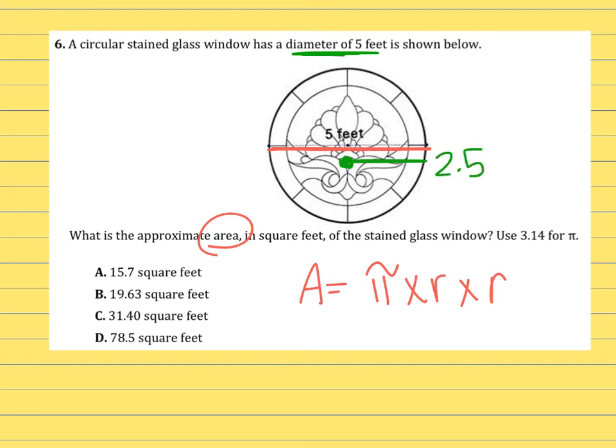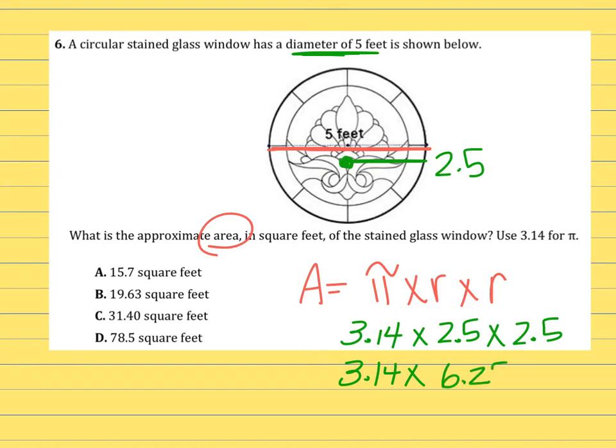So to find my final answer, I just need to do 3.14 times 2.5 times 2.5. And whatever order you want to do this in, it doesn't matter. But 2.5 times 2.5 is 6.25. And then 3.14 times 6.25 is 19.625. And since it says approximately, the best answer choice would be B.